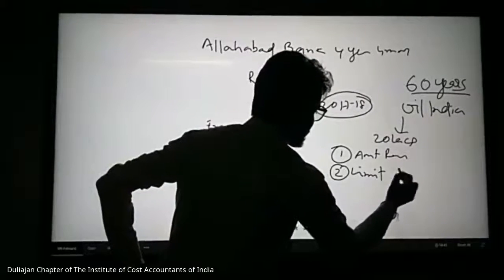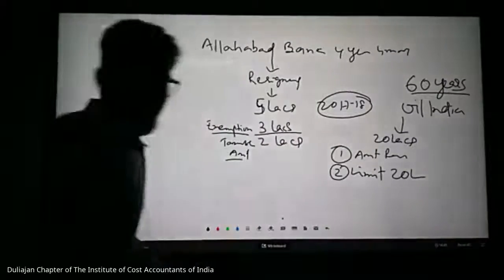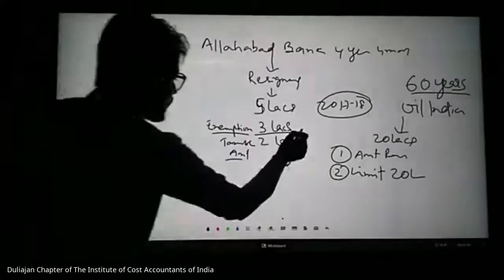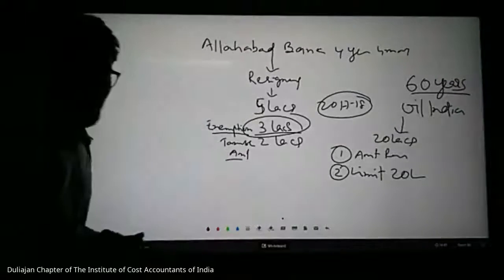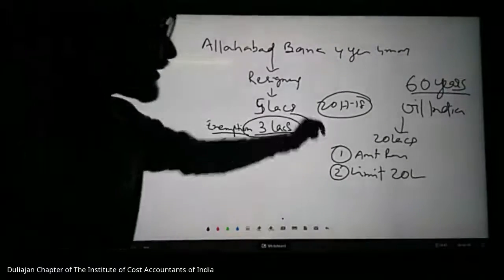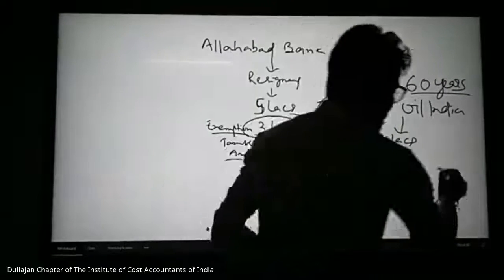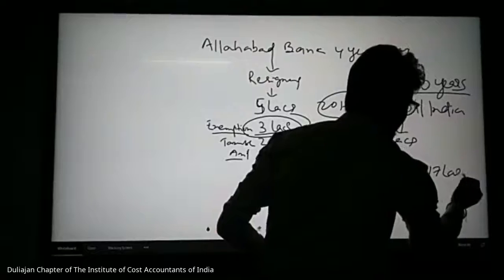This limit is ideally 20 lakhs, right? But I have already availed 3 lakhs of limit in the year 2017-18. So my remaining limit will not be 20 lakhs, but only 17 lakhs.